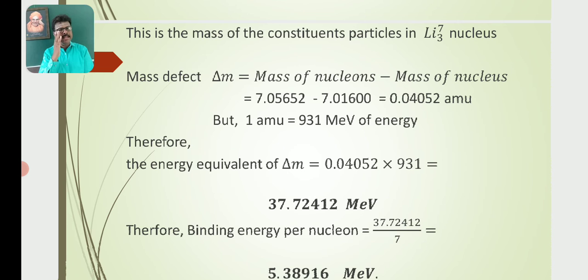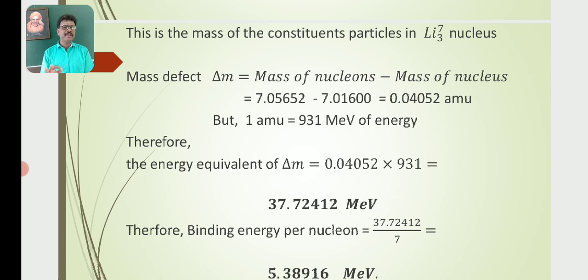Then the binding energy per nucleon, that means the specific binding energy, is equal to binding energy by mass number. So 37.72412 by 7 is 5.38916 mega electron volt.